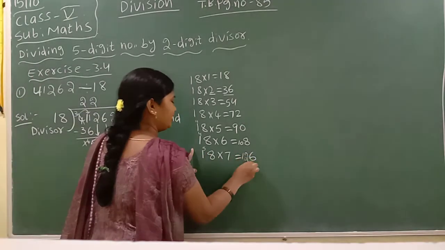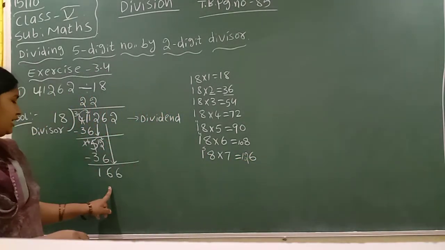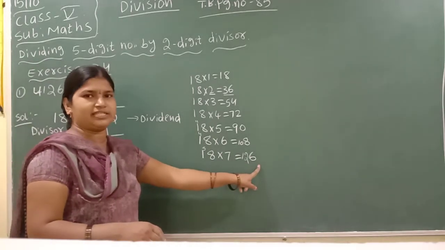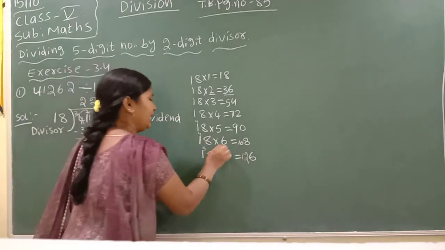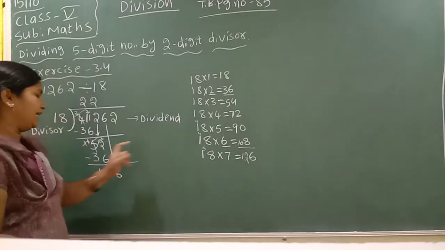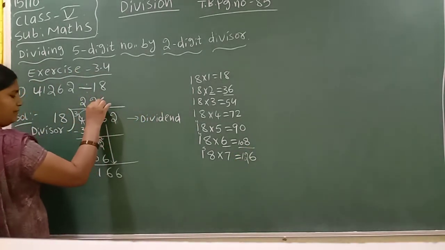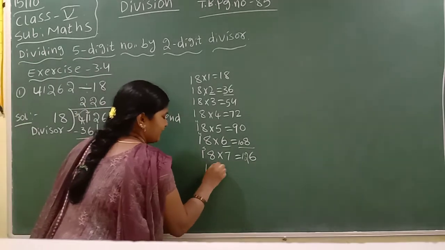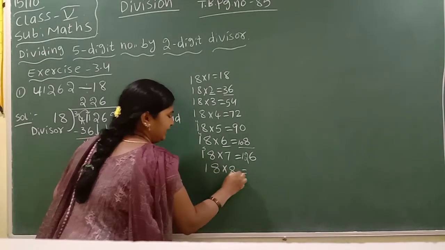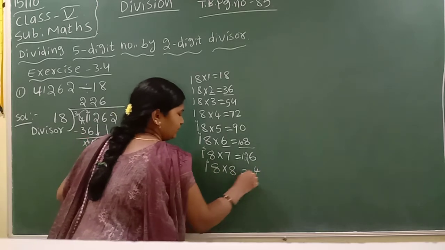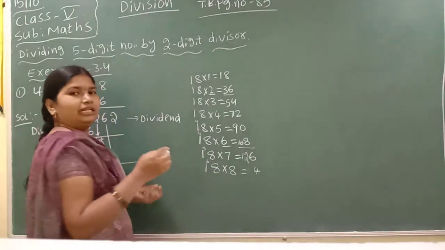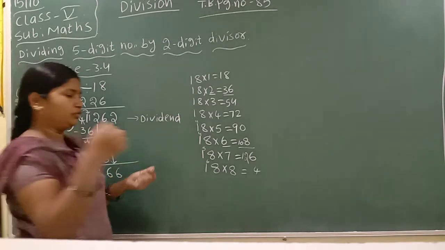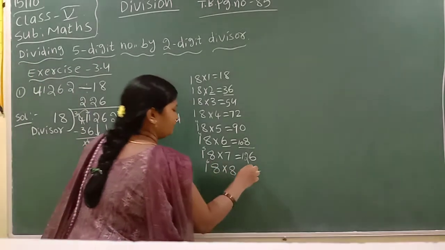Here compare this number and this number. Here 166 is there, here 126 is there. So you have to take 18 sixes, 108, and check 18 eights also. 8 eights are 64, 8 ones are 8, 8 plus 6 is 14, so 144.